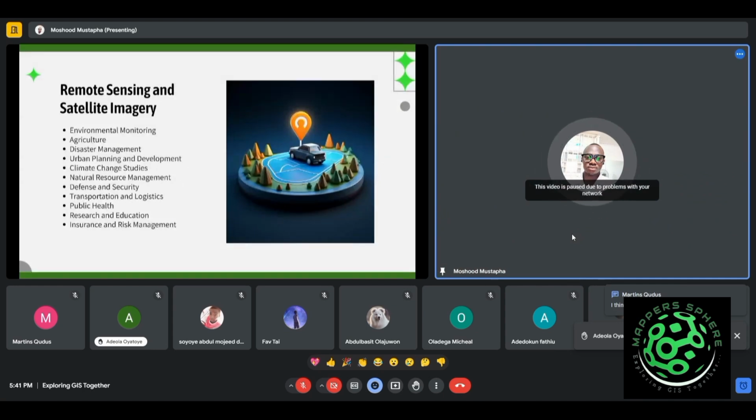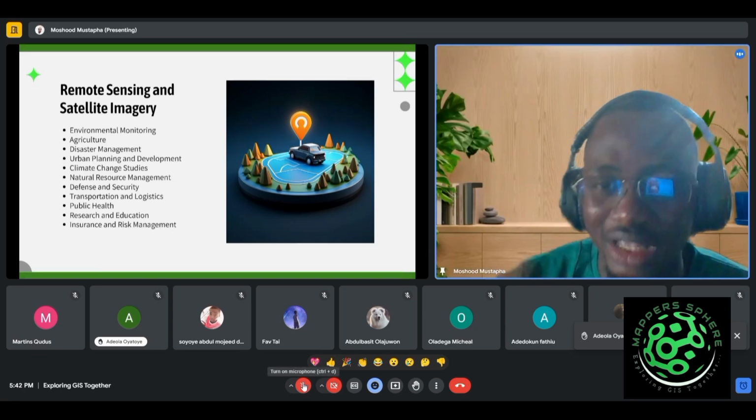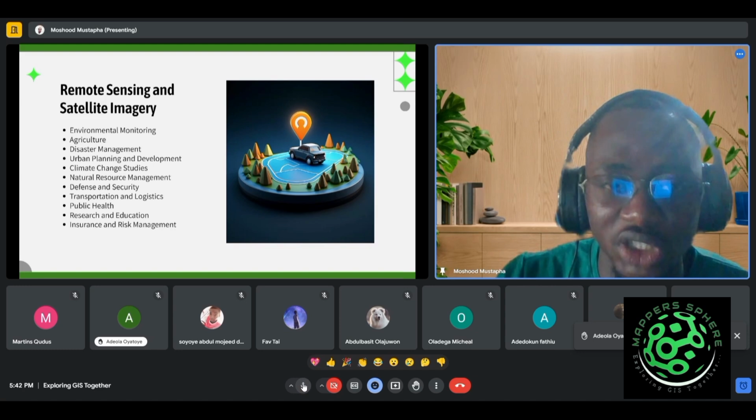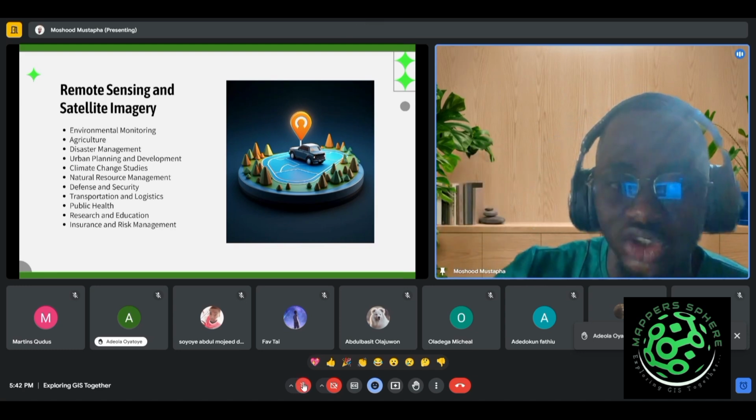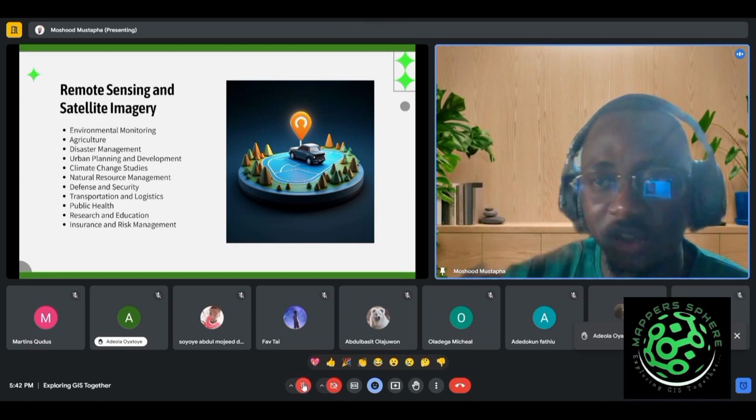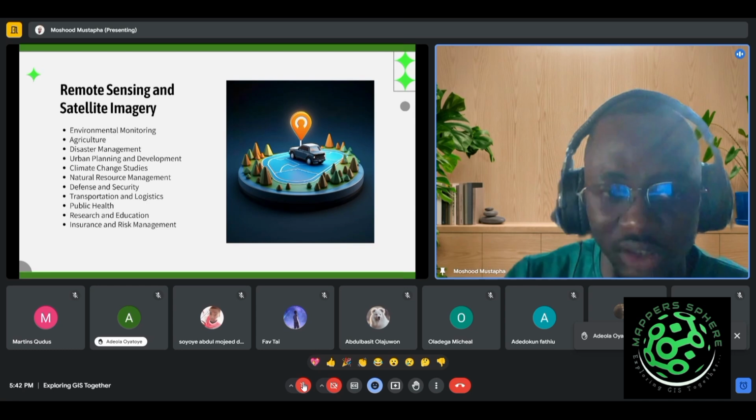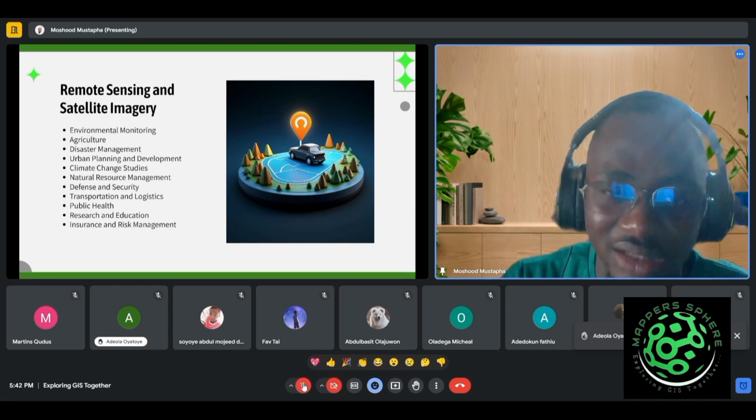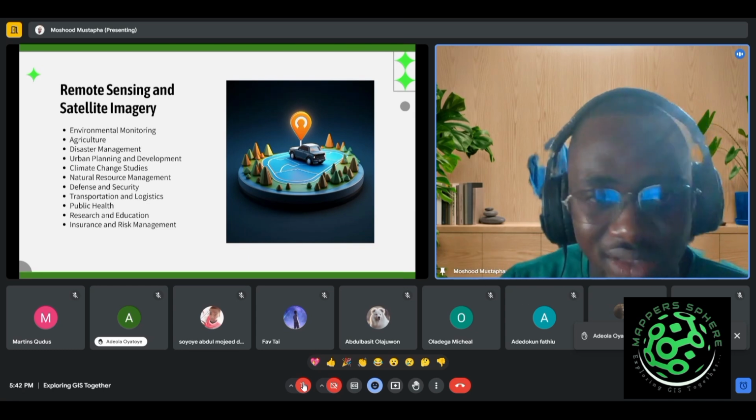Then moving on to remote sensing and satellite imagery, an aspect of GIS. It's about where and how all these things are applied. For instance, you know what GIS is, you know what remote sensing is, you know what satellite images are: simply images that are gotten from satellites. We have different types of satellites that have been deployed. We have Landsat, ranging from Landsat 1 to Landsat 7.